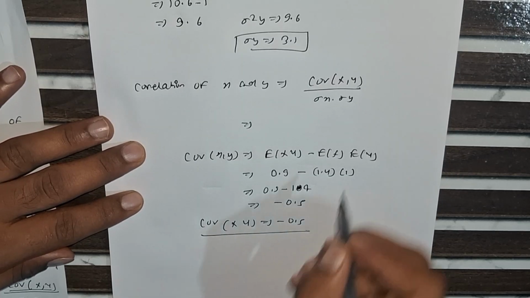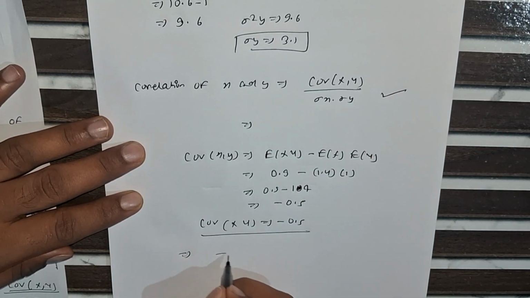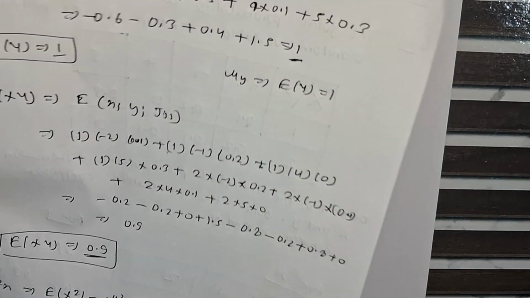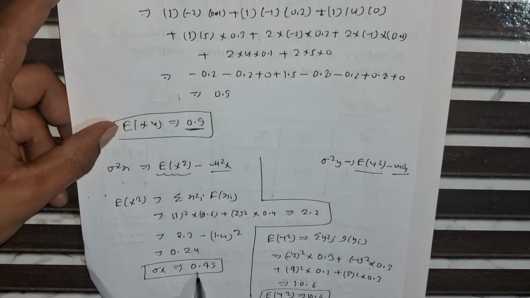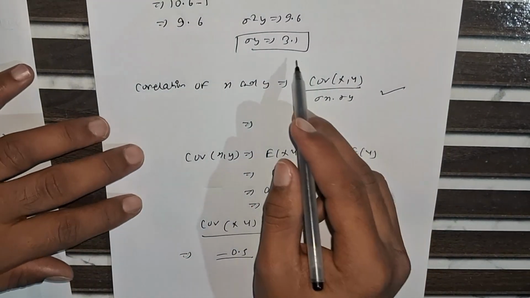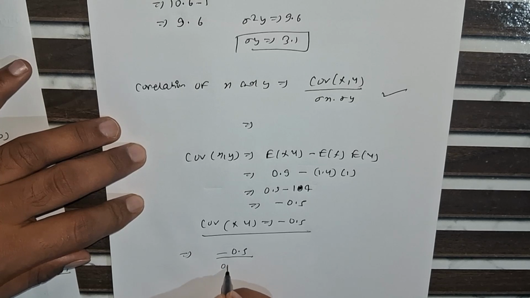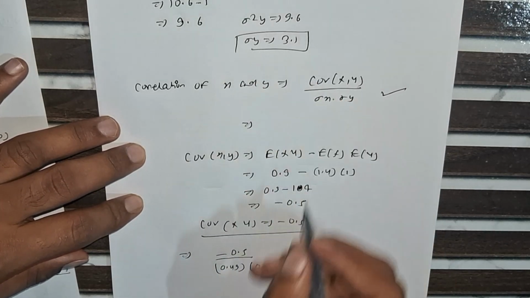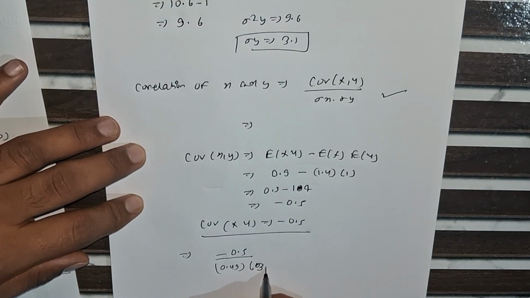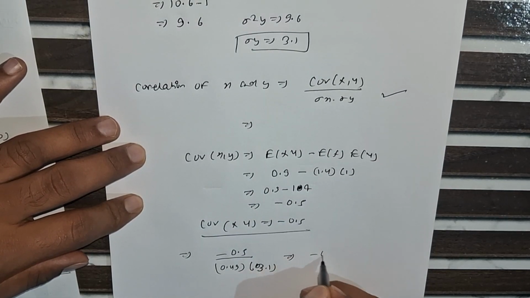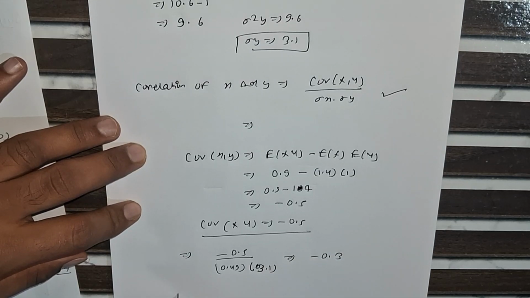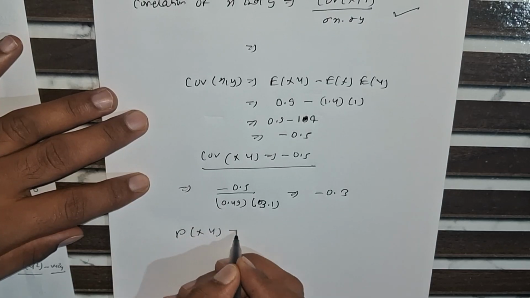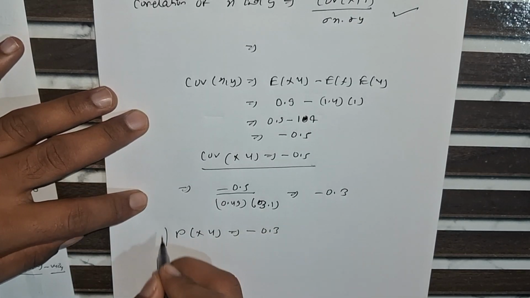Put the value of covariance in this formula: we get minus 0.5 divided by sigma of x, which is 0.49, and sigma of y, which is 3.1. When you solve it, you get minus 0.3. So the correlation of x and y is equal to minus 0.3. This is our final answer.